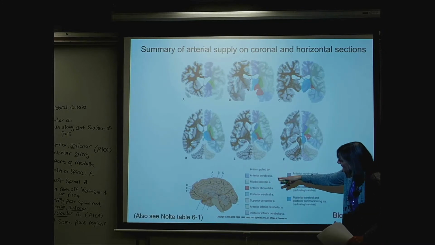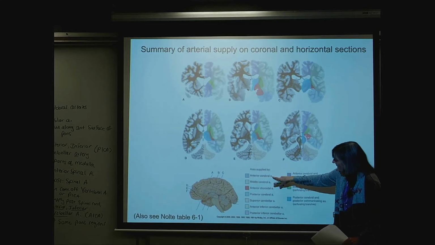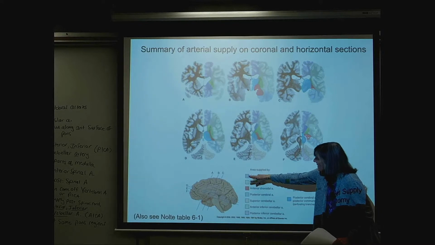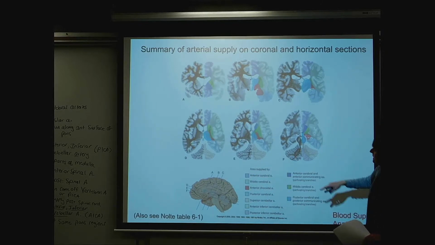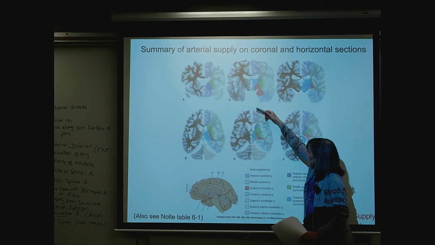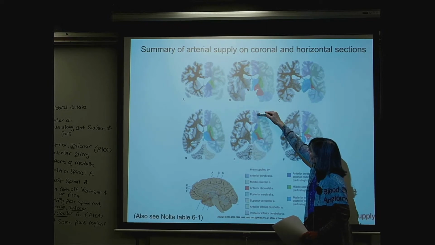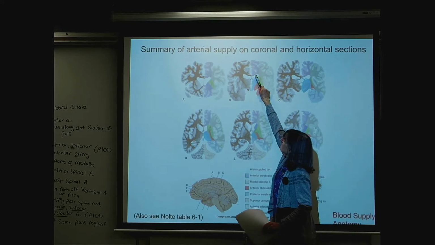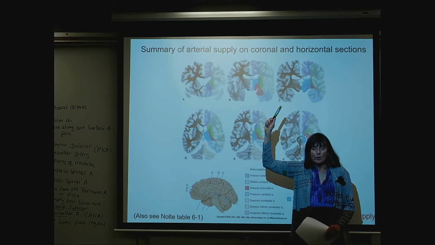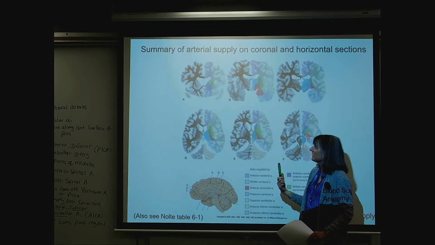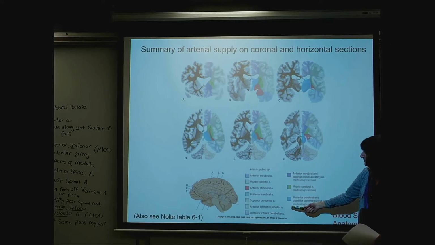So the area supplied by the anterior cerebral artery, for example, is this kind of medium purple colored. So you can see it both on these horizontal sections here, what area it supplies, as well as these coronal sections up here. So that can really help tell you what areas are supplied by which of the main arteries, which are listed down here.